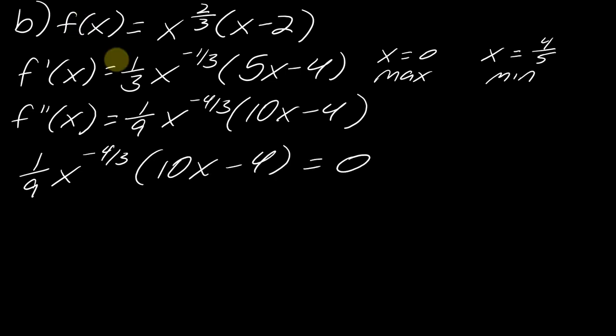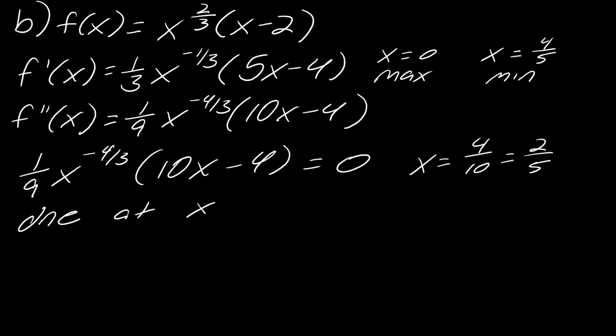This will equal 0 when this part equals 0, and that part will equal 0 when x equals 4 over 10, which is equal to 2 over 5. And also this does not exist at x equals 0, so we will just note that.